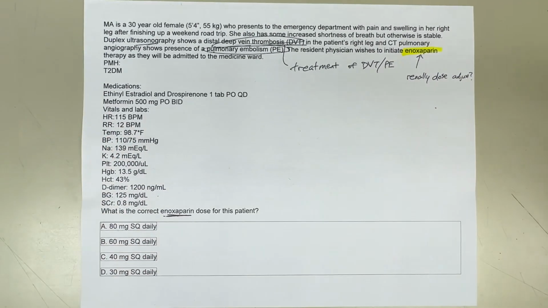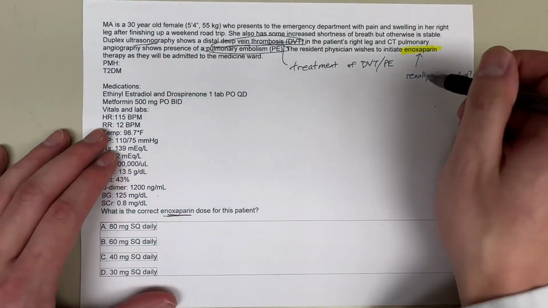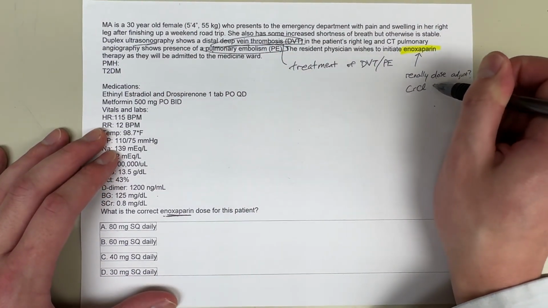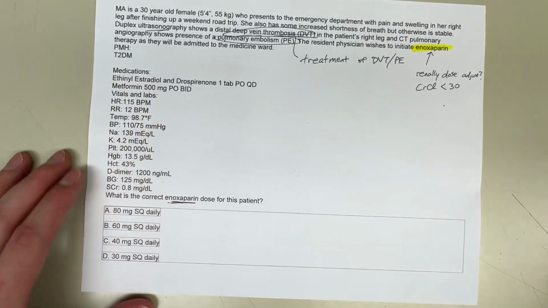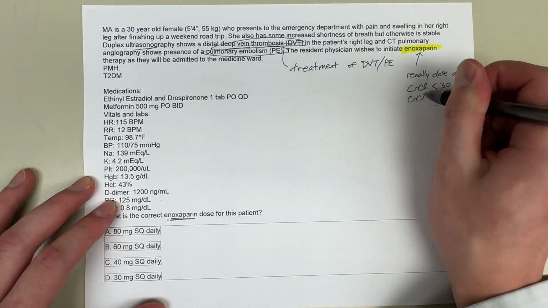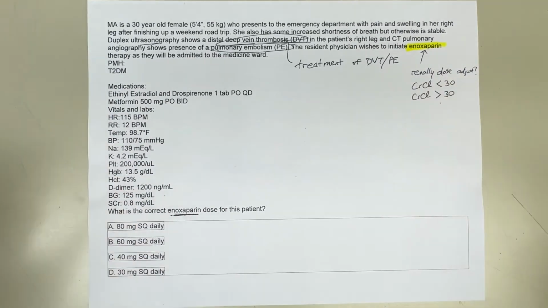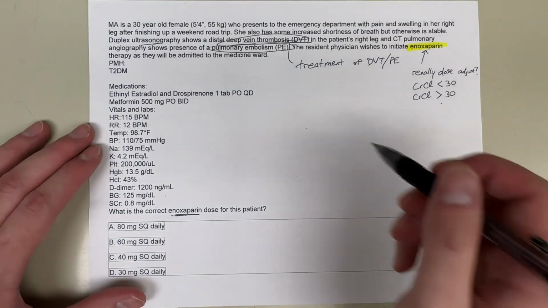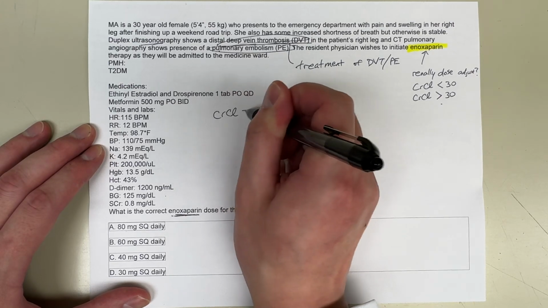Right, so you need to calculate the creatinine clearance for this. You need to know, because the cutoff here is creatinine clearance less than 30, or creatinine clearance greater than 30. That's what you want to know to do this question. So you have to calculate the creatinine clearance formula for this.